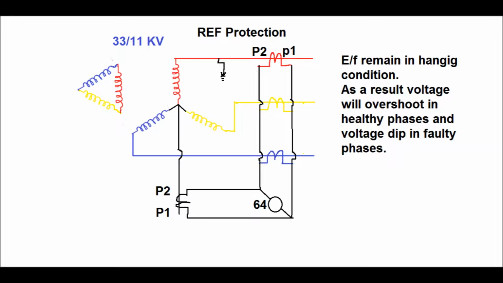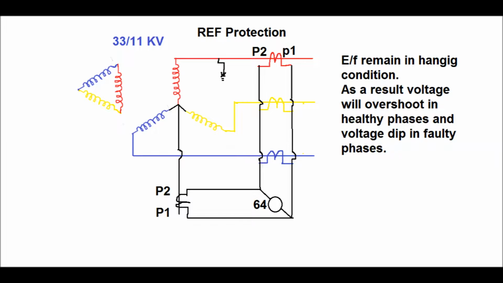As a result, voltage will overshoot in the healthy phases, that is in this case the yellow and blue phases, and there will be a voltage dip in the faulty phase. So the voltage may rise to line voltage in the yellow and blue phases respectively, and therefore voltage stress will occur in the yellow phase winding and blue phase winding.